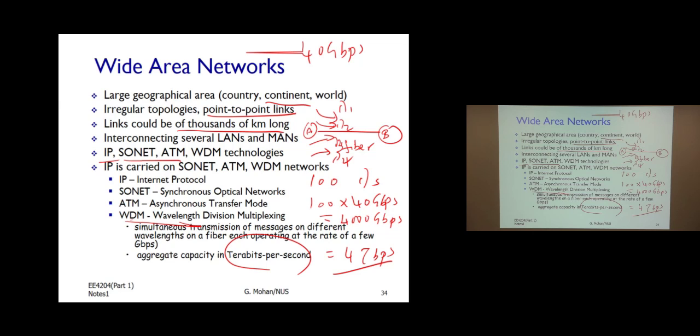So increasingly we download a lot of videos, upload a lot of videos, images, high quality images, HD images, pictures, etc. So there are many bandwidth hungry applications which need more and more bandwidth, because your video size is big, your image size is big, obviously you need to transmit more and more bits. Okay, so because of these applications we need very high bandwidth links and networks. Okay. So this is one way. Wavelength division multiplexing is one possible way to achieve terabit capacity.